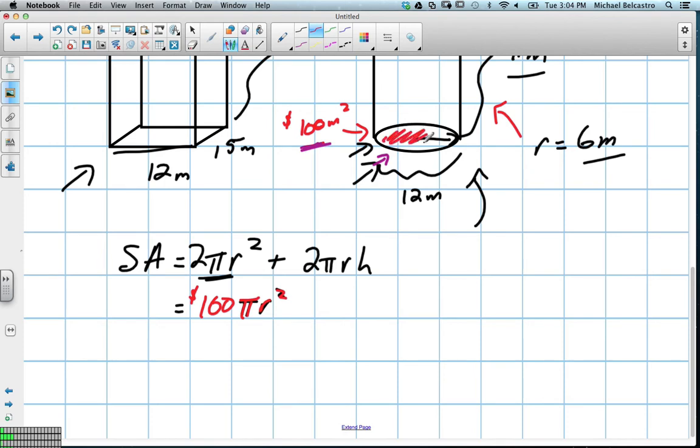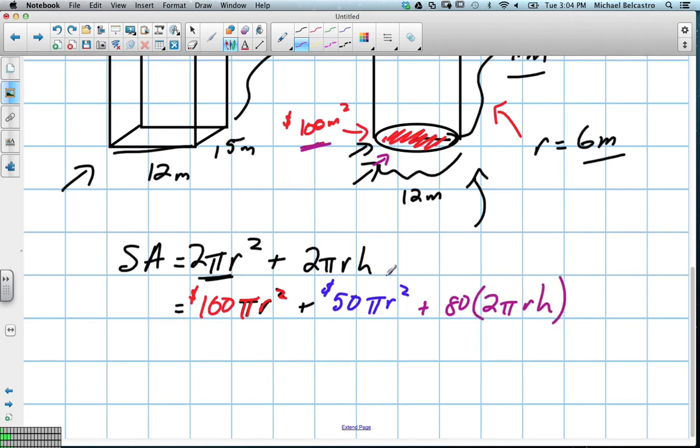So that's taking care of the bottom face. The top face, we'll do in blue, $50 per meter squared. So that's $50 times pi r squared, okay? And finally, the body of this was $80 times the area, which is 2 pi r h.